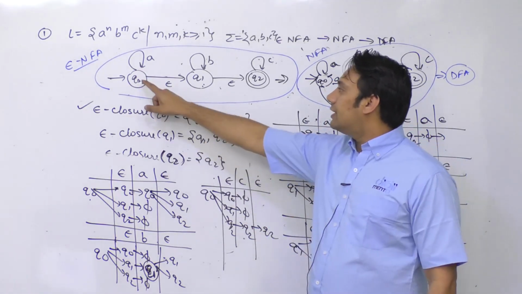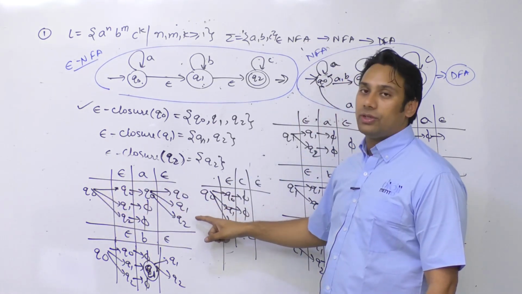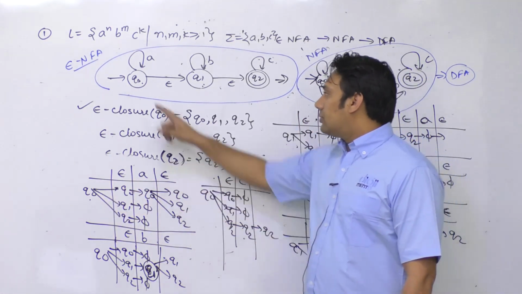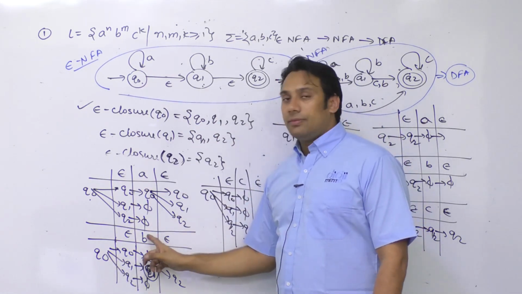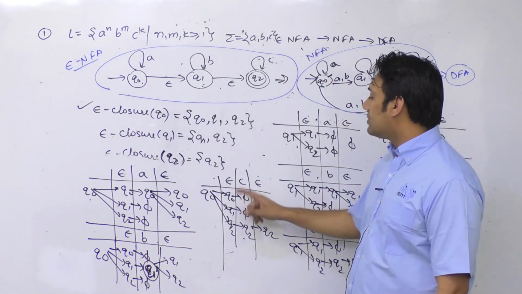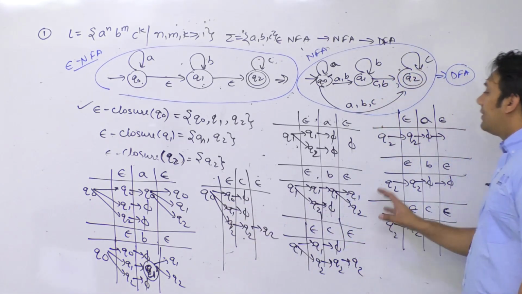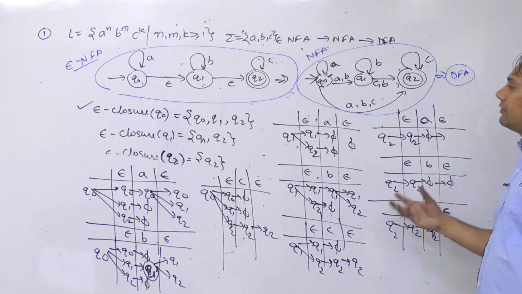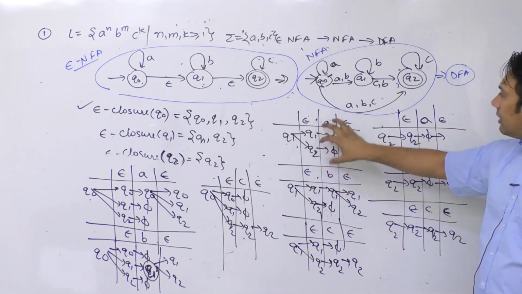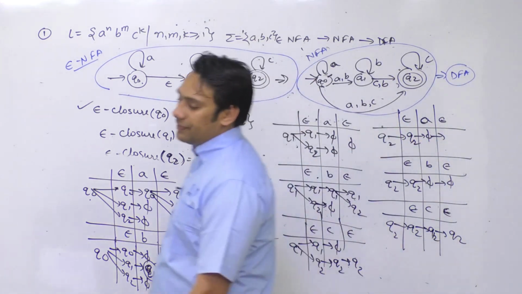So if you are standing at state Q0, by giving a symbol A, you can go to Q0 as well as Q1 as well as Q2. For Q0, if I am giving a symbol B, you can go to Q1 as well as Q2. But if you give a symbol C, you can only go to Q2. Okay. So for every state, we have to find this type of transitions, and then by looking at it, you can convert this epsilon NFA to NFA.